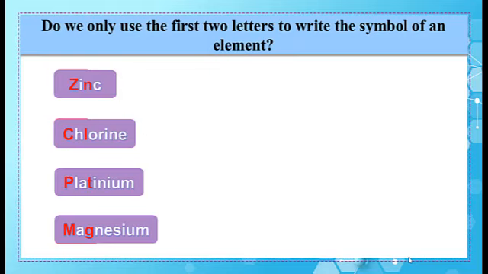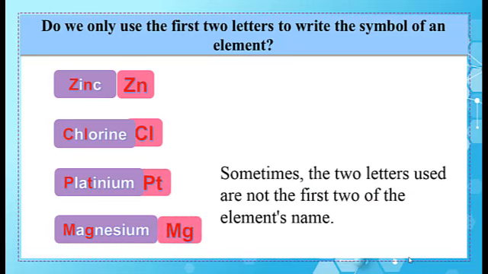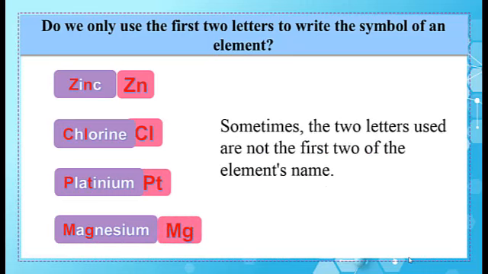Let's have a look at these examples. Zinc is symbolized by Zn. Chlorine is symbolized by Cl. Platinum is symbolized by Pt, and magnesium is symbolized by Mg. So sometimes the two letters used are not the first two of the element's name.